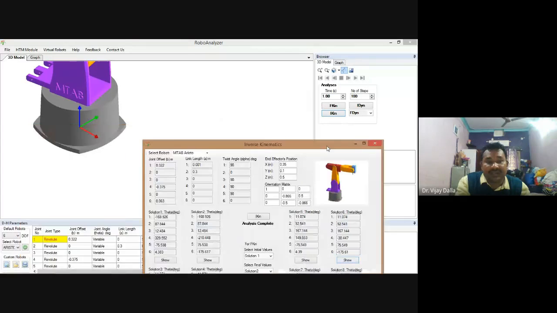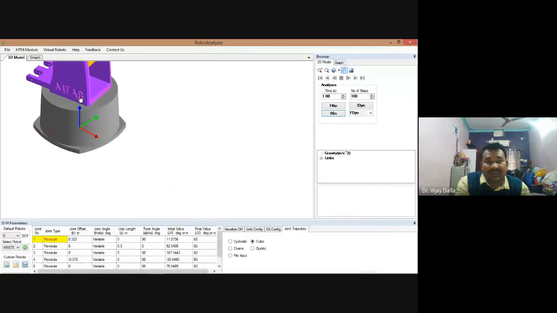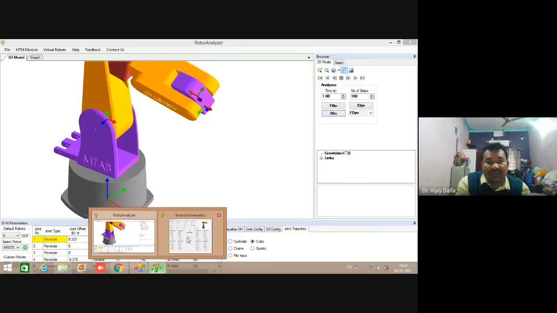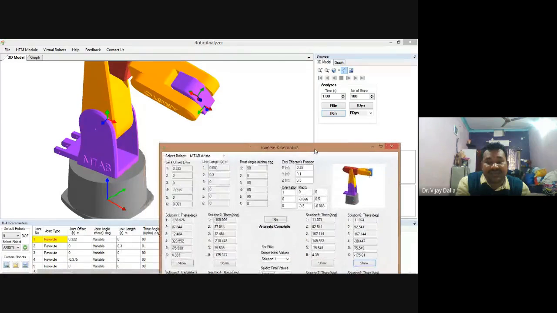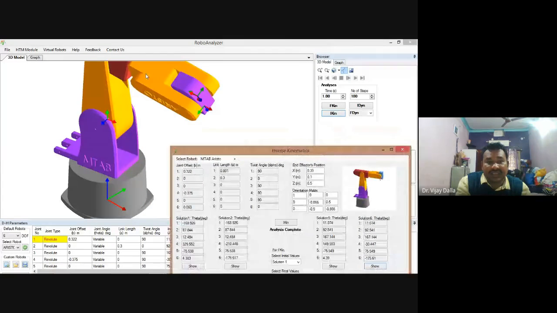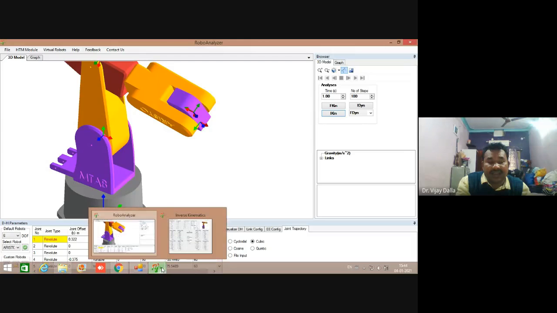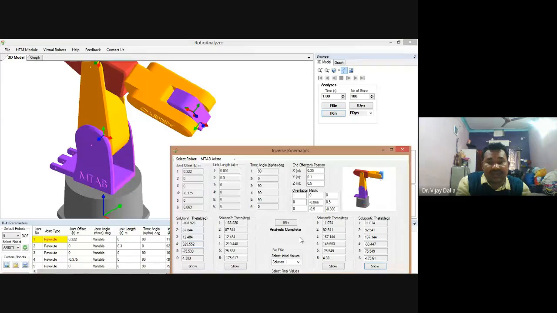See, if I click solution 6, then see the robot, and if I click, suppose, solution 1, then see the configuration.